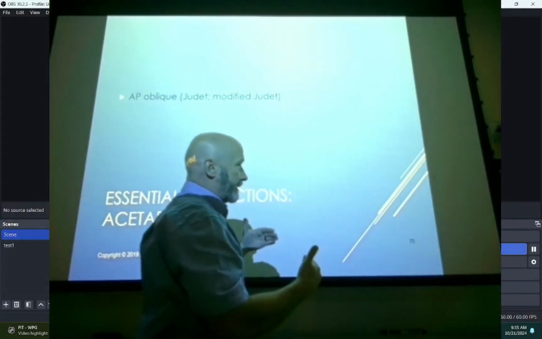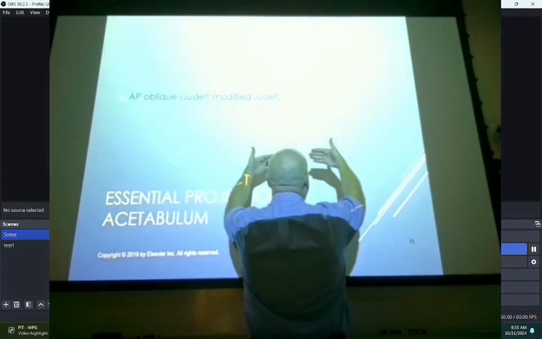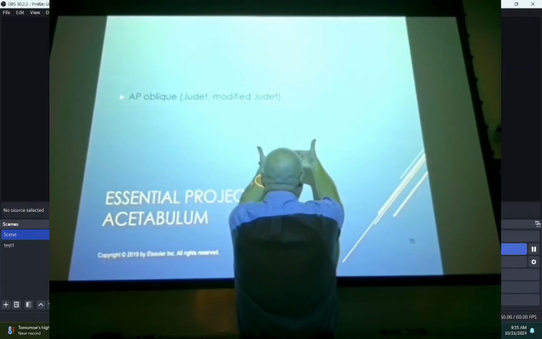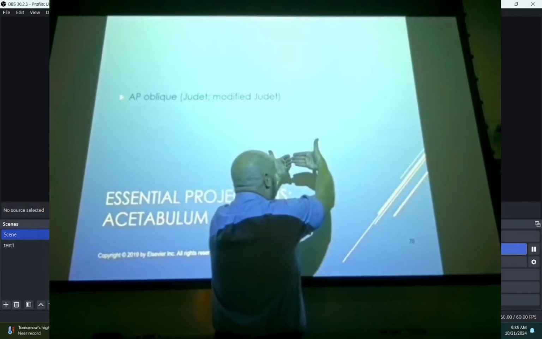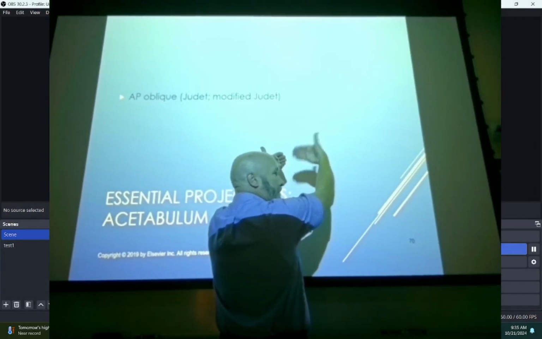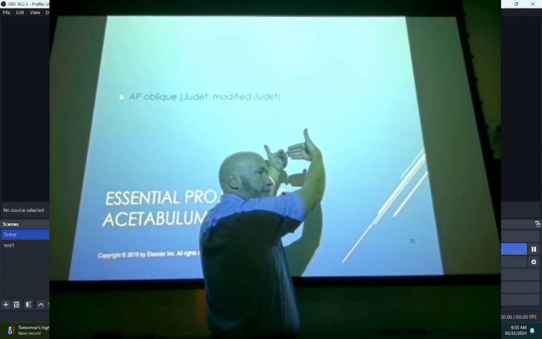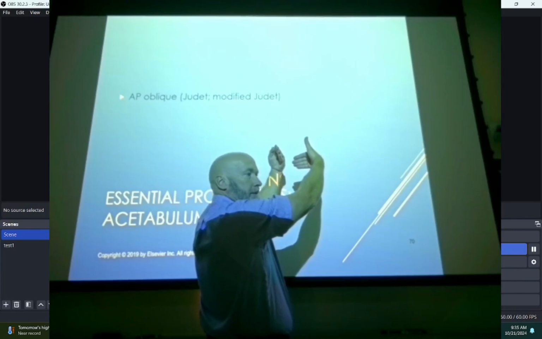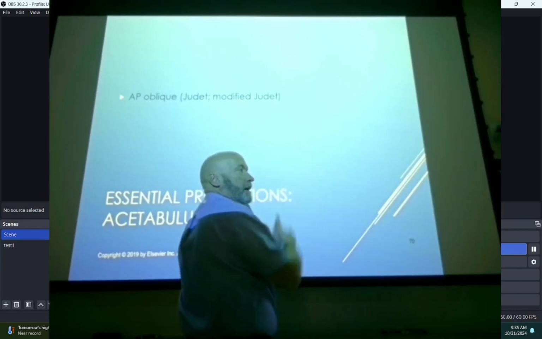Now, what's happening there is that as I oblique the patient up, I can't make my hands do this. If I oblique the patient up, what I'm getting is an AP view of the upside anterior pelvic bones. But what's happening to the downside? It's lateral, right?